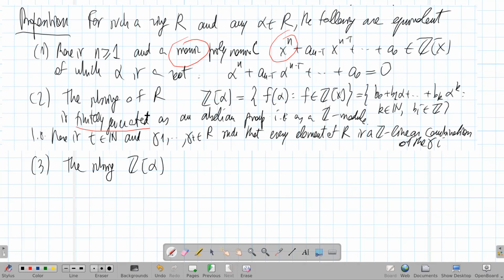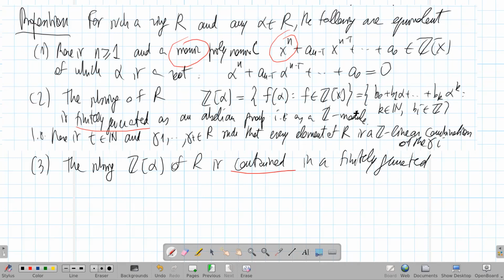So 2 was telling you that if you consider the subring of R, Z[alpha], then this is finitely generated, okay? 3 is weaker, and it's very useful because it tells you that the subring Z[alpha] of R is contained in a finitely generated abelian group or Z submodule of R.